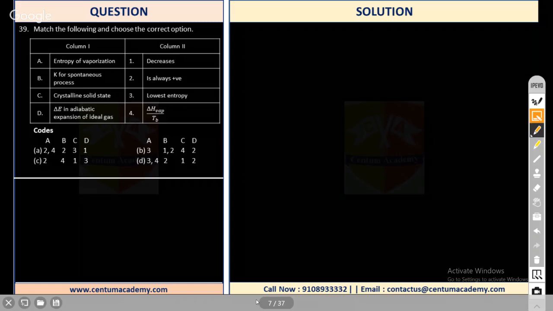Saundanya, Ramcharan, Shreyas and Sanjana, all of you are getting A. Tell me others, what is the answer? Entropy of vaporization is always positive, delta H of vaporization by TB. Correct. So obviously, option A, for this A, the fourth one is correct, right?